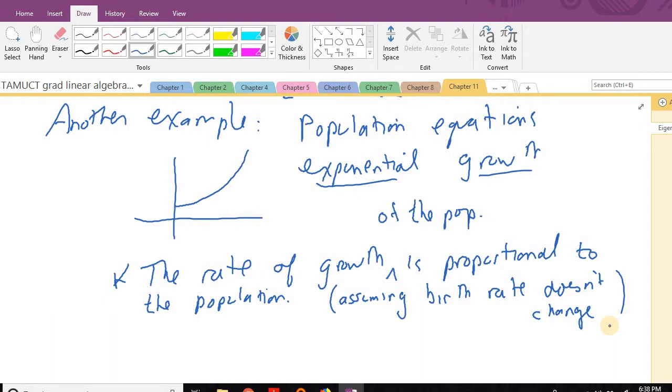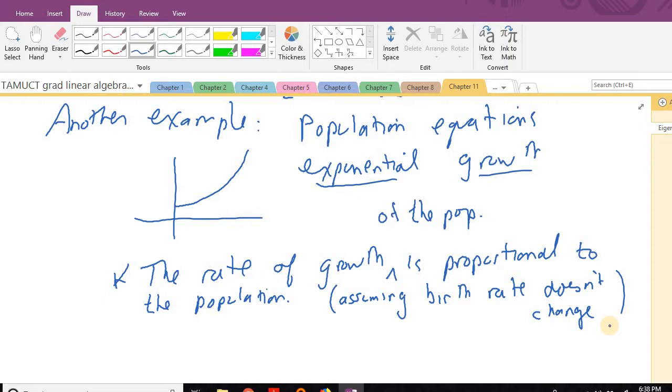Now, what is rate of change? Change over time. What is rate of change? Slope. So what this is saying is that the slope is proportional to the population. The slope, that's the difference. You're not saying the population is proportional to time, you're saying the slope is proportional to the population. Now, slope, all you calculus people, what is slope?